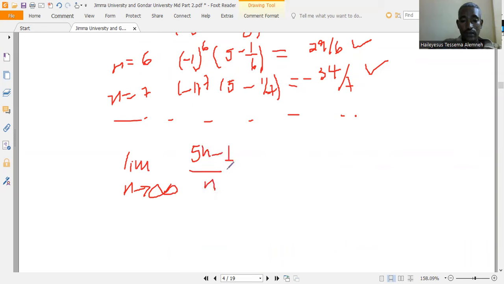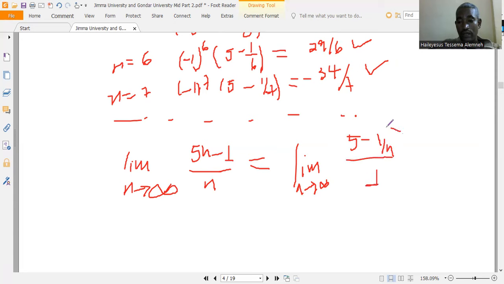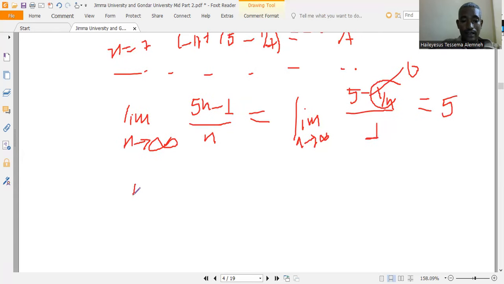Dividing the numerator and denominator by n, we get the limit as n goes to infinity of (5 minus 1 over n) over 1. As n goes to infinity, 1 over n goes to 0, so we get 5.